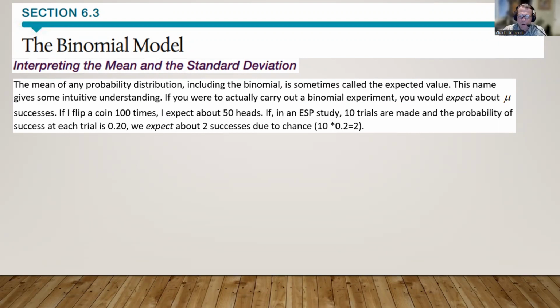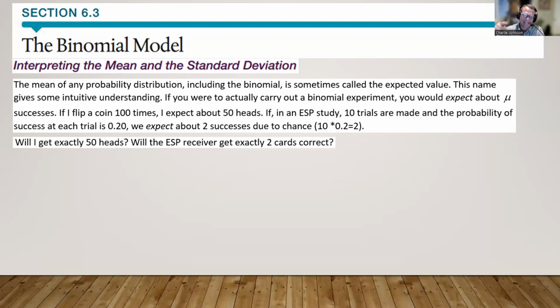For example, if you flip a coin 100 times, you expect 50 heads. So that would be the mean. If in an ESP study, 10 trials are made and the probability of success at each trial is 0.2, we would expect about 2 successes due to chance, because 10 times 0.2 is 2.